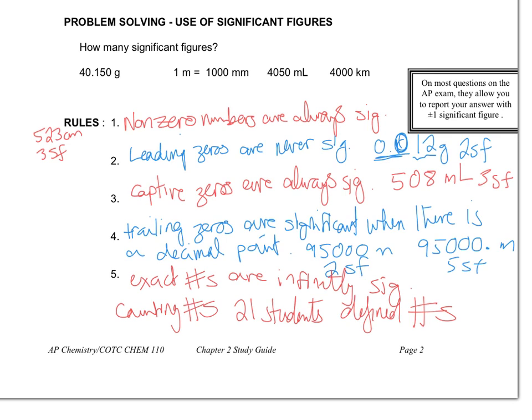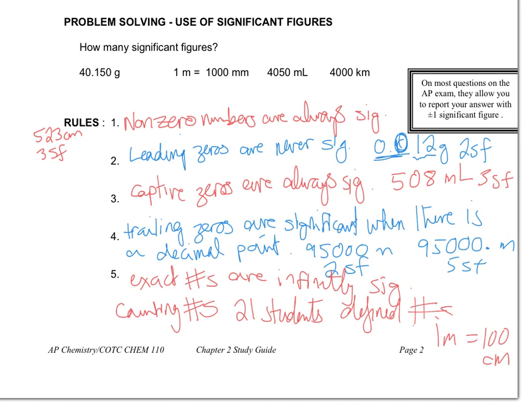Also, defined values are infinitely significant. For example, by definition, 1 meter is equal to 100 centimeters. That's by definition. When they came up with the prefix centi, they said that's 100th of a meter. And so by definition, that would not limit your sig figs.